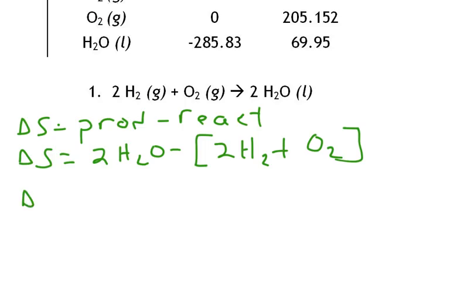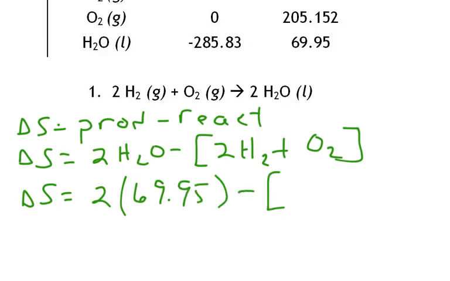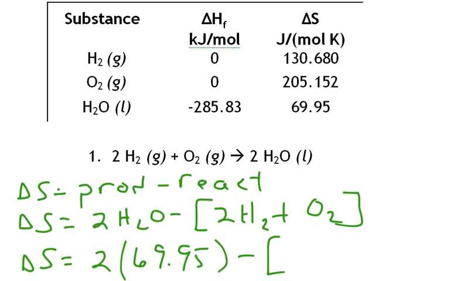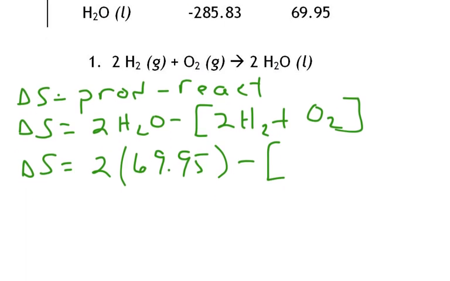Filling in the numbers, delta S is equal to 2 times water's value, which is 69.95, minus 2 times hydrogen's value, which is 130.68, plus oxygen's value, which is 205.152.